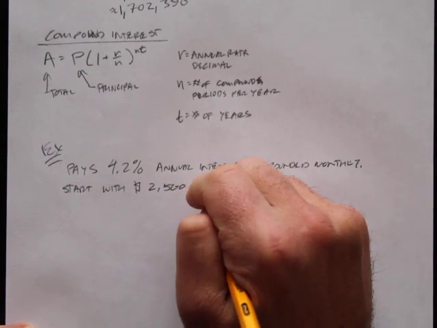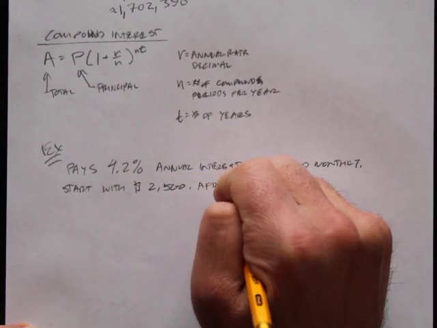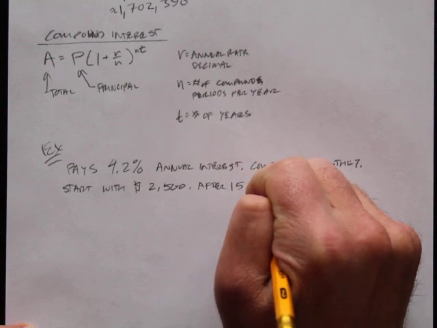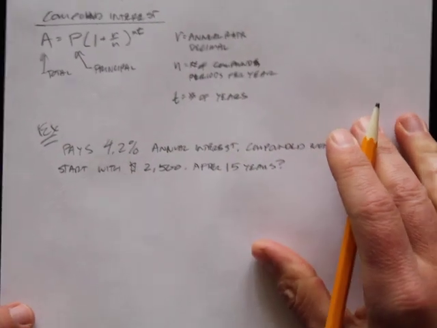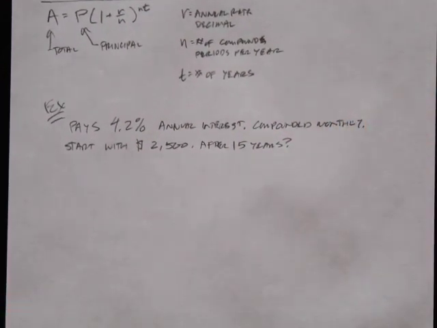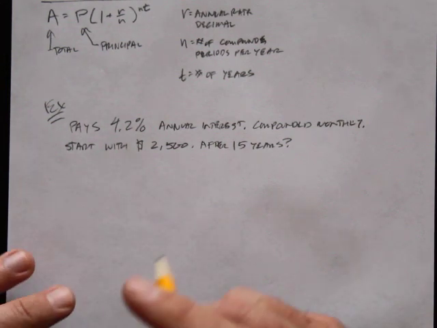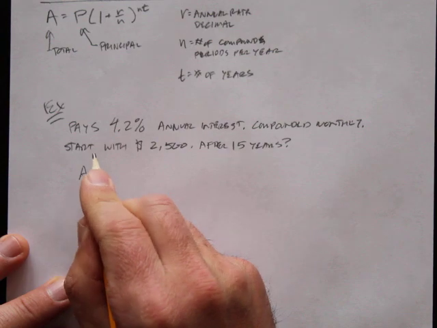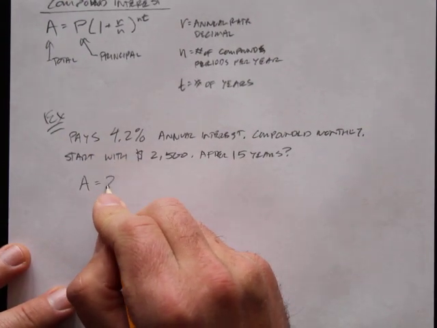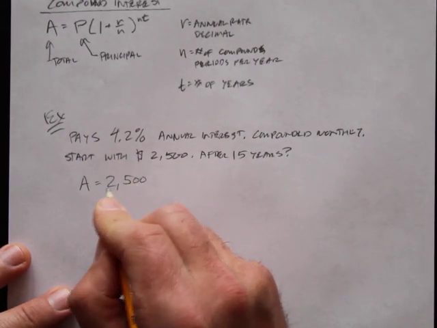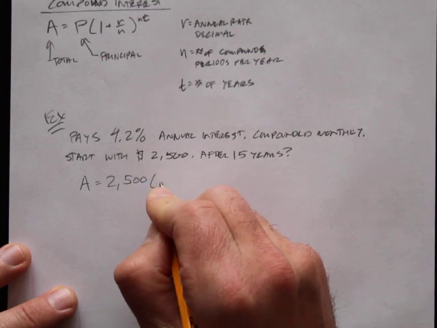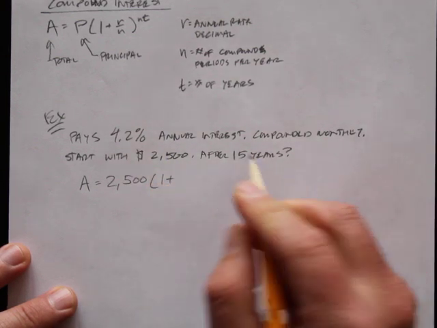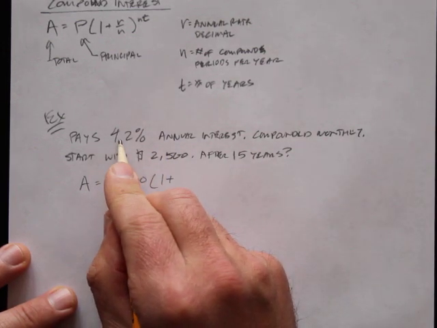How much will you have after 15 years? All right, so let's talk through this. My total is going to be, my initial amount or my principal was $2,500 times 1 plus my rate, which is 4.2%.